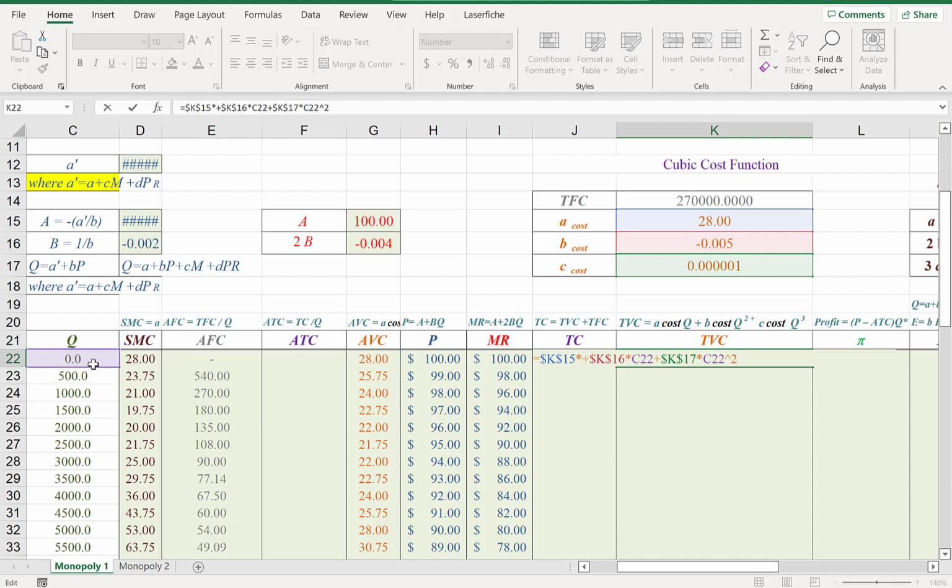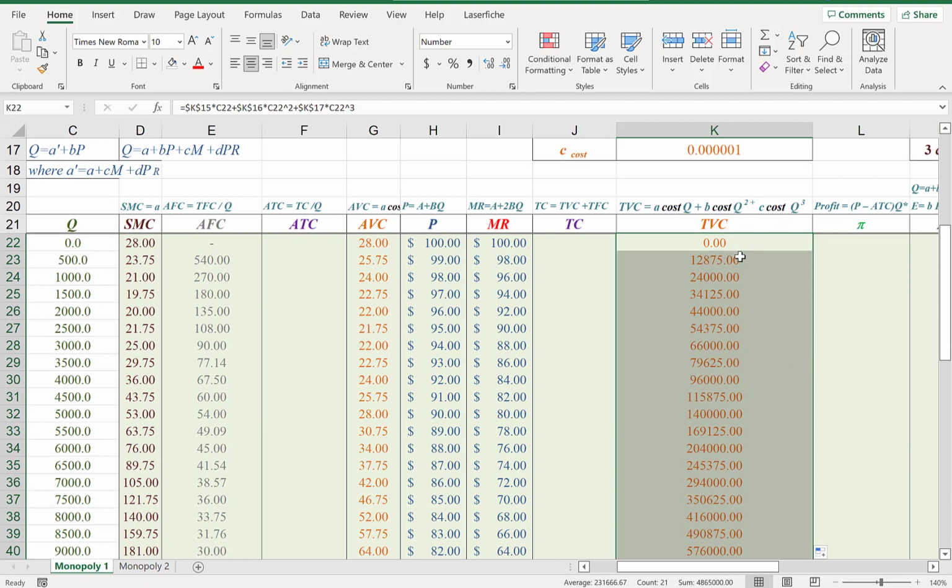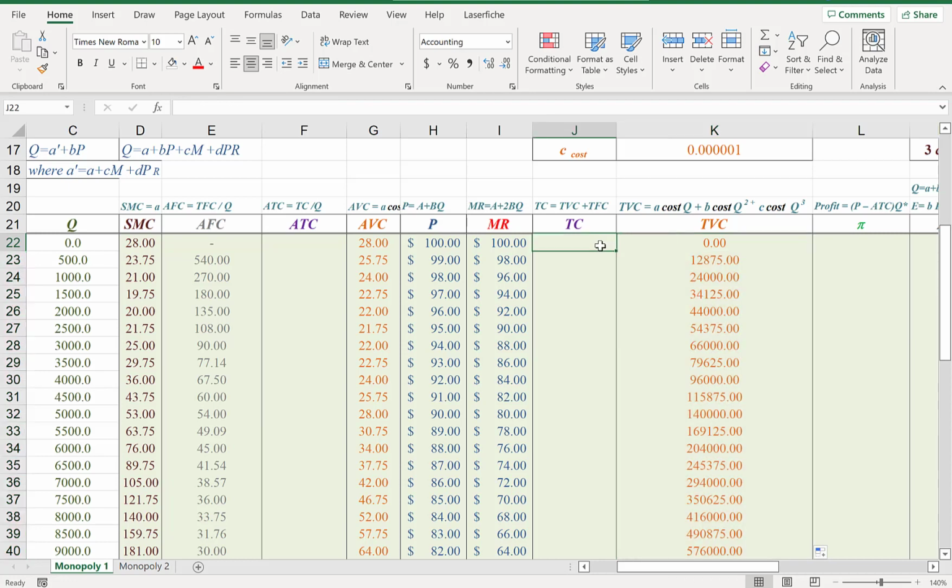So A cost times Q, plus B cost Q raised to the power 2, plus C cost Q raised to the power 3. So just adjust it or write from 0. So total variable cost looks like this. Then I can calculate total cost. Total cost is going to be very easy.